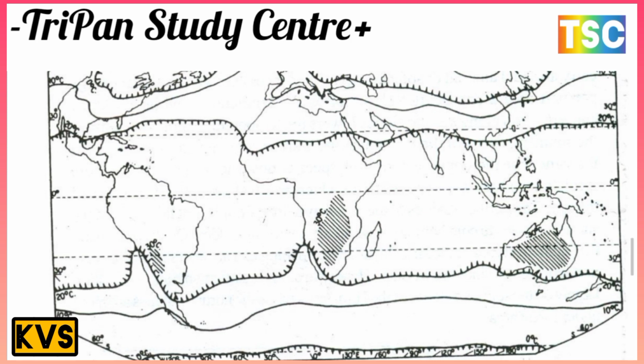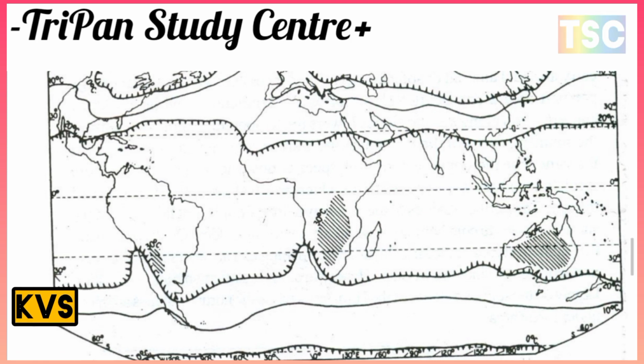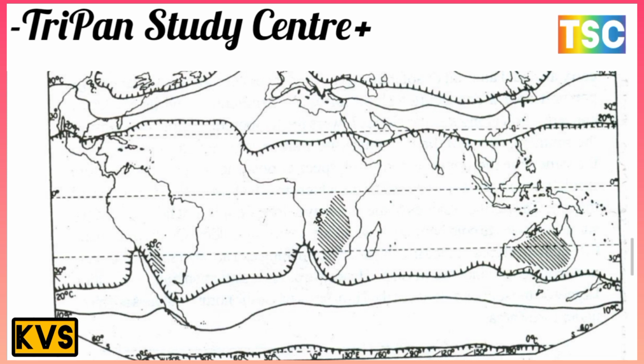Here we show the horizontal distribution of temperature in January. This is the January season diagram, and it is the most important.